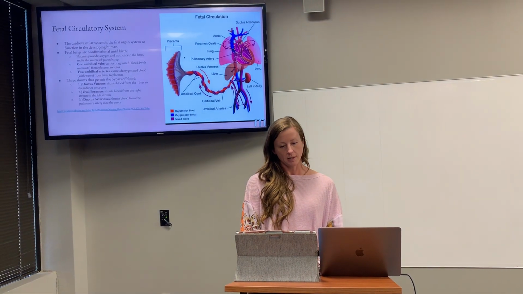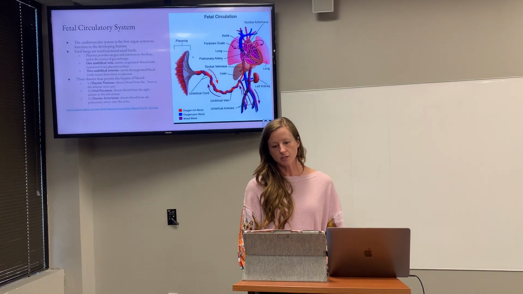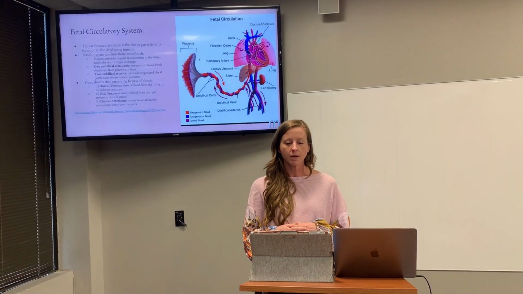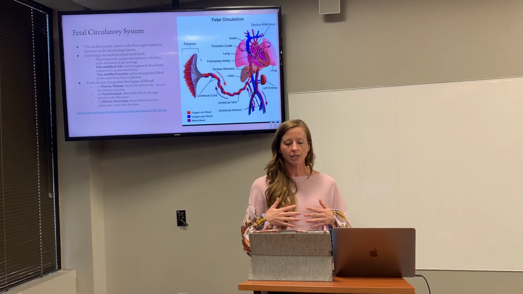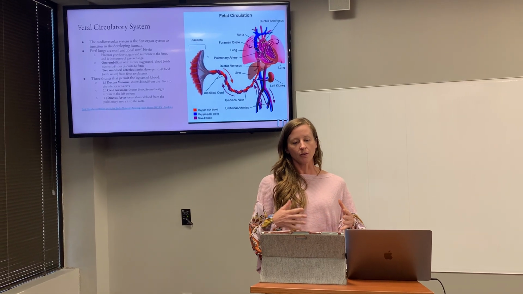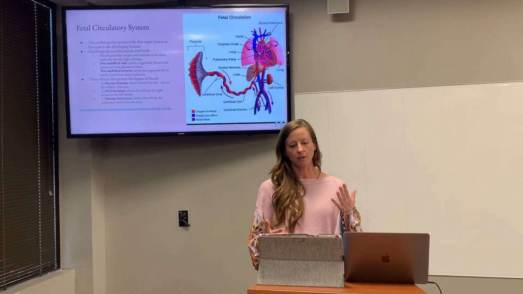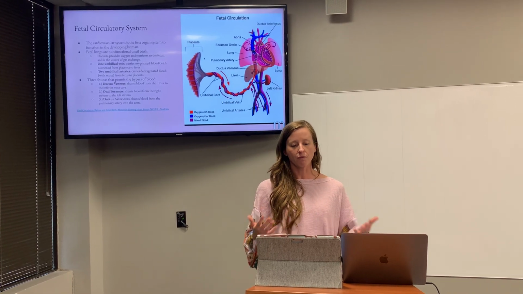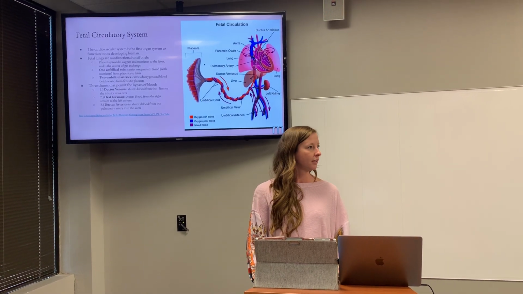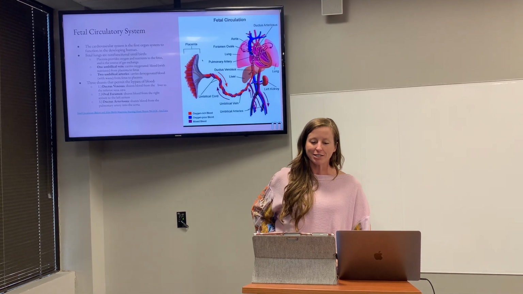Okay, fetal circulatory system, this is pretty cool. The cardiovascular system is actually the first organ system to function in the developing human. The fetal lungs actually aren't functional during that period. They function at birth. So how does the fetus get its oxygen and nutrients and everything it needs to survive?